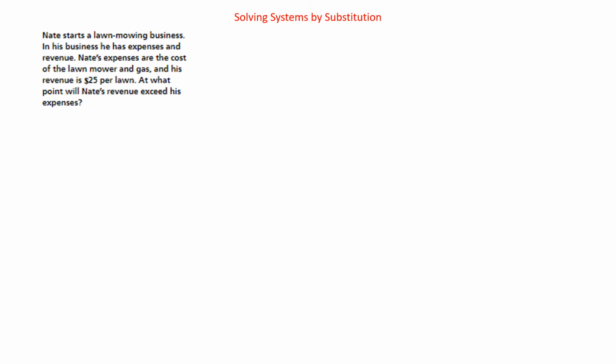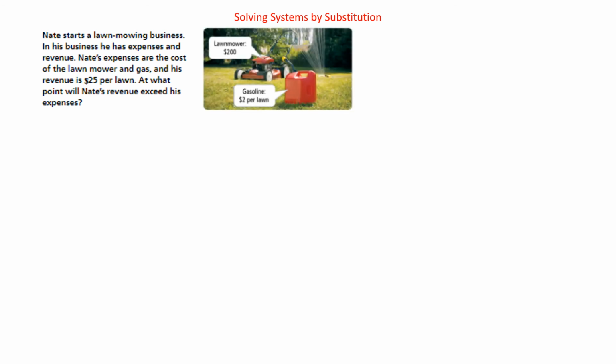So we do need to know a little bit more about this. We need to know how much the lawnmower cost, how much gas he uses, and so we do need some information. Lawnmower costs $200, and the gasoline is $2 per lawn.